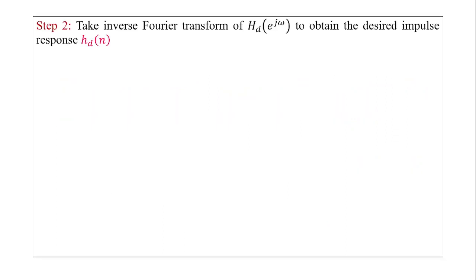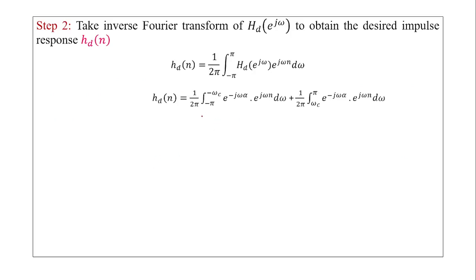Step 2 is to take the inverse Fourier transform of Hd of e power j omega to obtain hd of n. Here it's a high pass filter, so the limits are minus pi to minus omega c and omega c to pi.